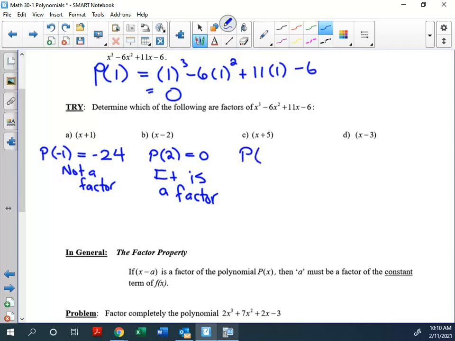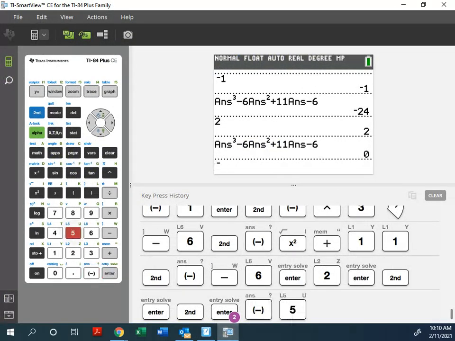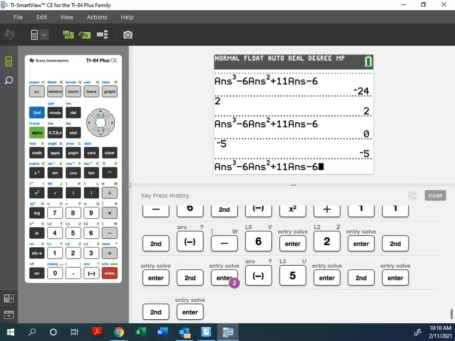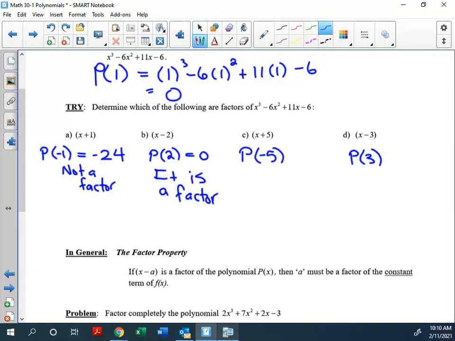Then we keep going. We evaluate at -5, and we evaluate at 3. Because I have that all typed in, I put in my value, hit enter, go second function, enter twice, and let it do its work. So I get -336.